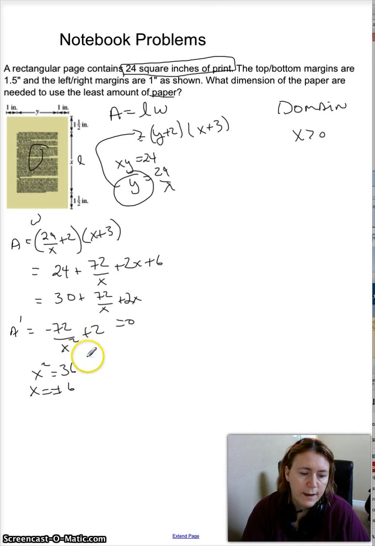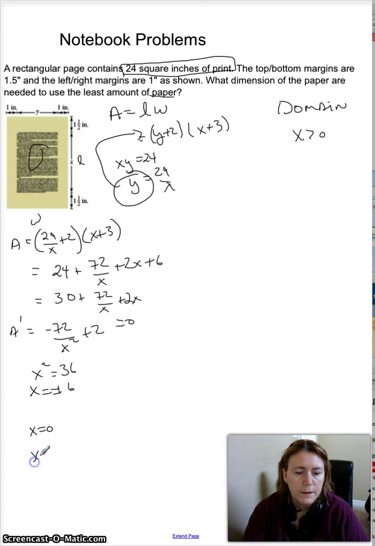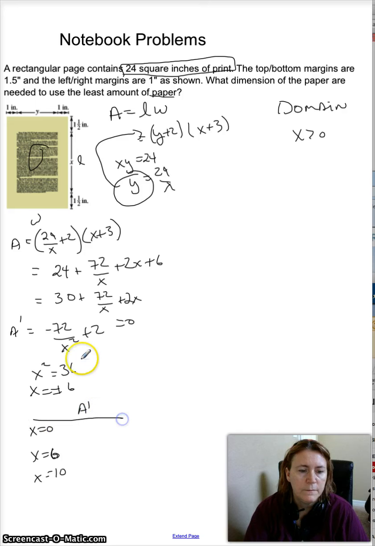Now, let's see if we have a max or a min. Let's look at the 3 points. We're going to look at when x is 0, when x is 6, and then let's pick 10. 10 is a nice number. Now, what is the derivative when x is 0? Where's my derivative function? Oh, well, I can't use that. I already said I couldn't use that. So let's pick 1.